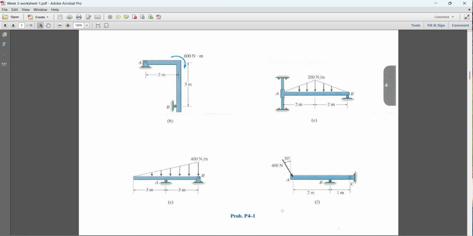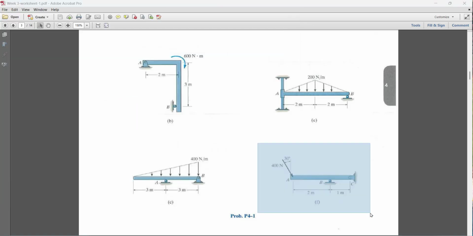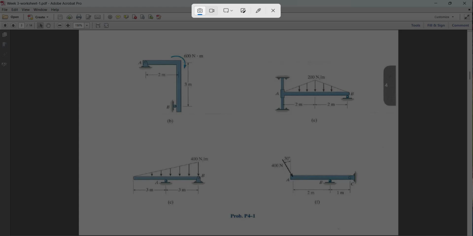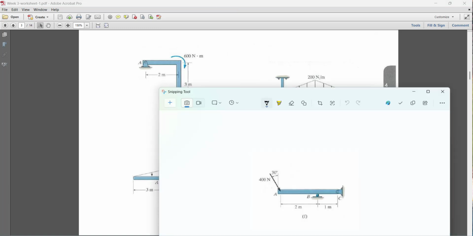Something like case F, preliminary problem 4-1. So how can a free body diagram be generated for this problem?